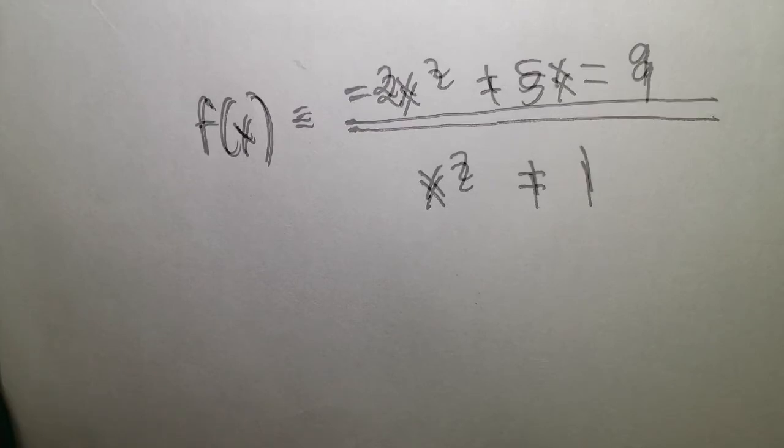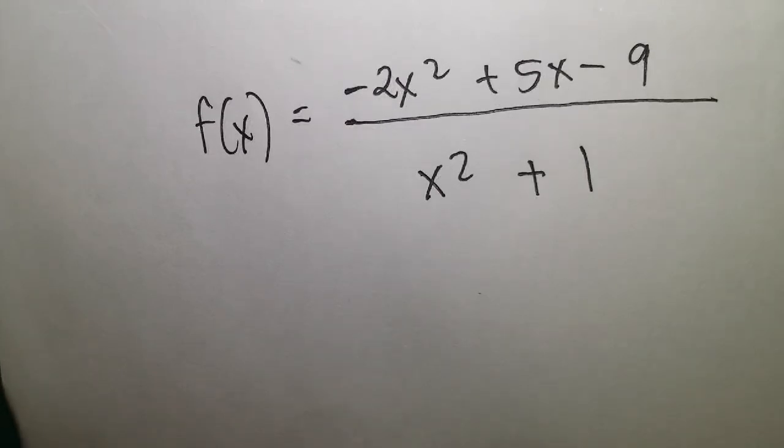As we can see, the numerator's leading coefficient, negative 2, is compared with the denominator's leading coefficient, which is 1. This means that this equation has no horizontal asymptote, since the degree of the numerator is greater than the degree of the denominator. This equation is already a vertical asymptote.